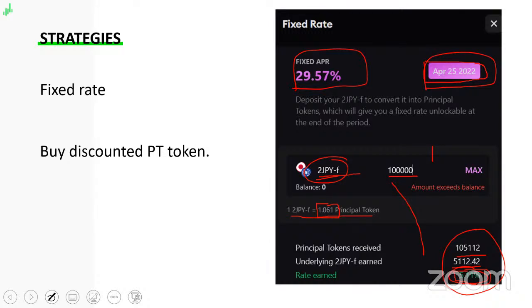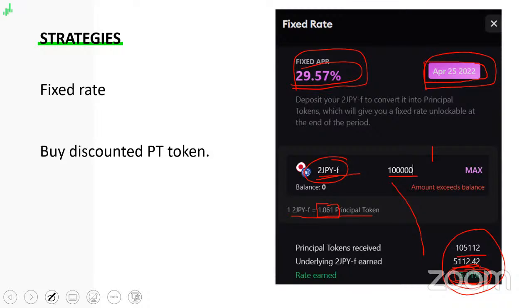So what you have to do, let's say it's 2 months, almost February, it's almost 2 months. So you will win 5% for 2 months, which means that for a year, actually it's this year, you make almost 30% return on your Japanese yen. So this is interesting because it means that right now the 2 Japanese yen yield vault is paying, I think, around 19%.